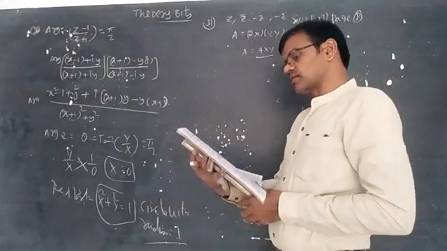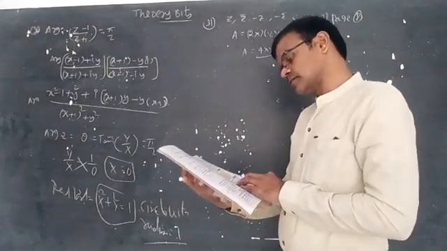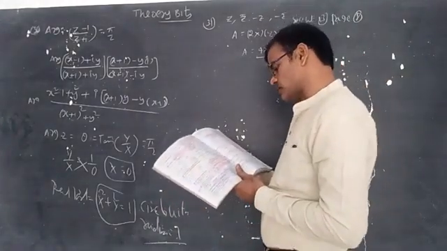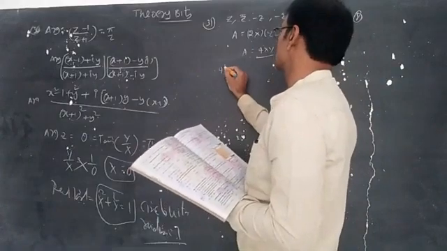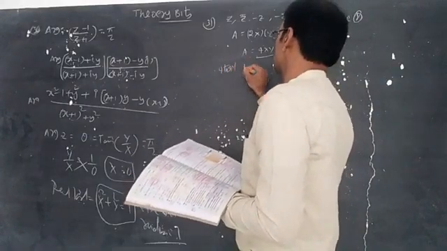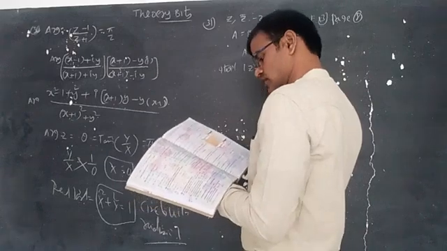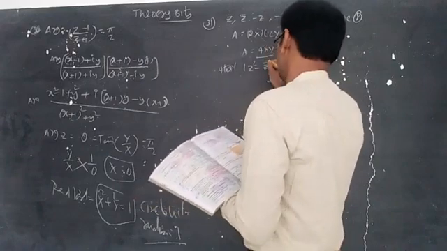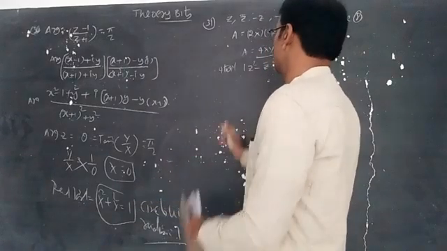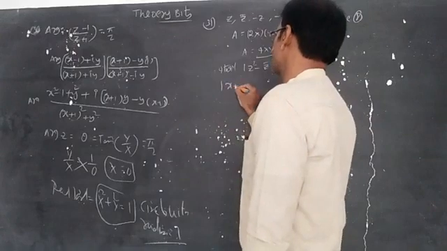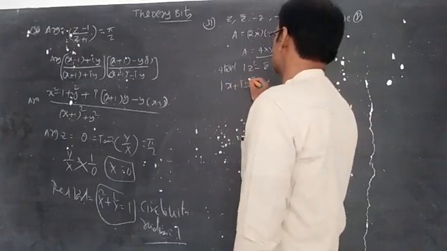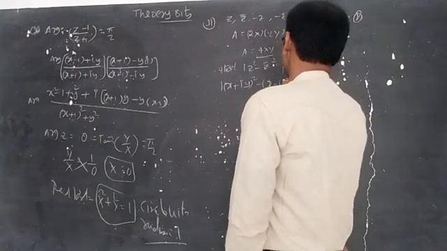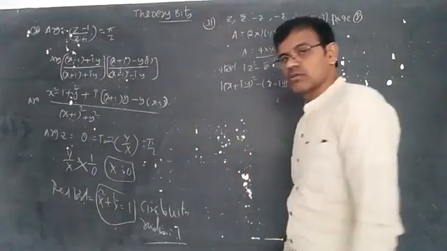Now verifying the options for the 31st question. In the fourth option, mod of z square minus z bar square. What is z square? This is (x plus iy) whole square minus (x minus iy) whole square, over modulus.